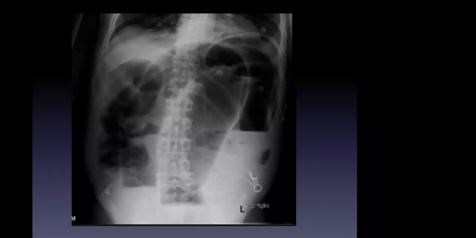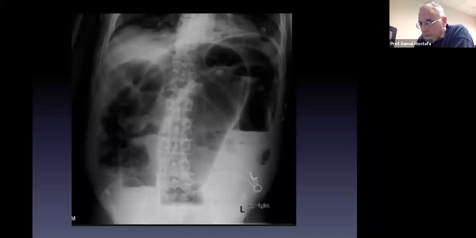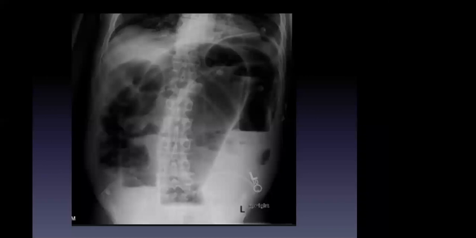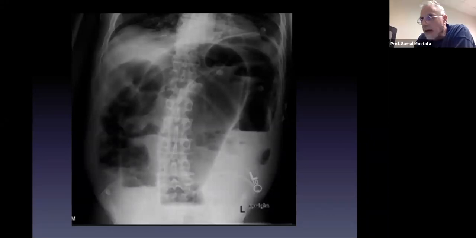But in inertia, we need to be aggressive. Sometimes they will end up with total colectomy in advanced cases if they are not responding to laxatives and biofeedback and things like that. Absolutely. You're absolutely right. The management of Ogilvie's, in most instances, is non-operative.